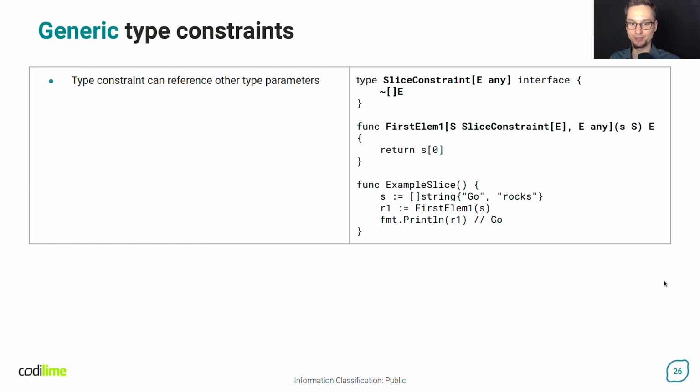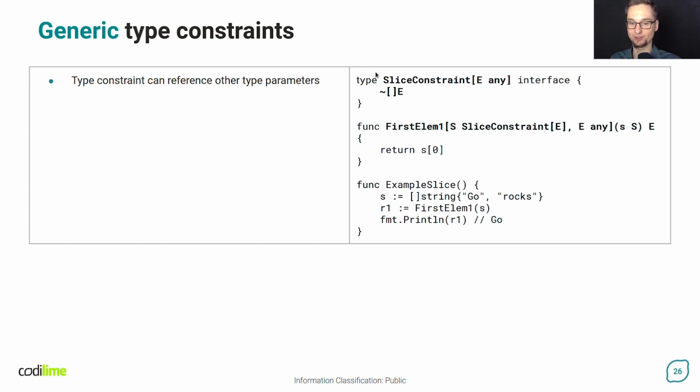Type constraints can be generic, which means that they can reference other type parameters. We have an example of that here. We have defined a slice constraint, which has one type parameter E, and this type parameter E has a constraint of any.